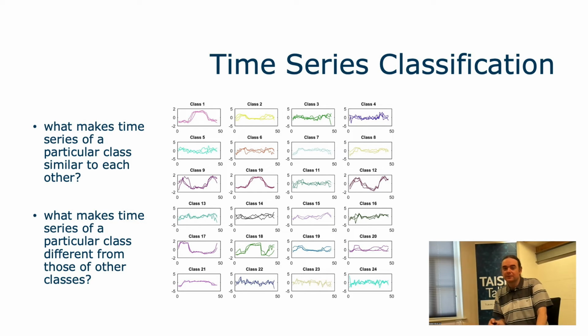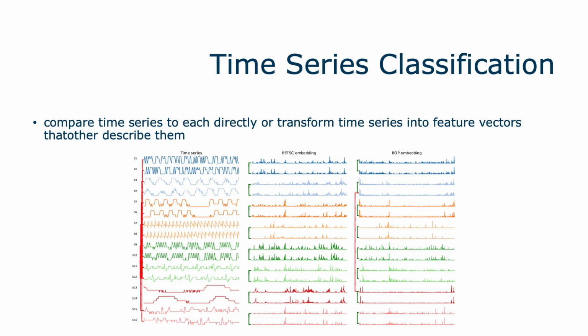If that feature is also present in time series of other classes, then that feature is not very useful for classification. So we try to find frequent patterns, as we will see, in different classes of time series. We try to see which patterns are good for discriminating between classes and which patterns are not, and those ones we don't use for the classification task.